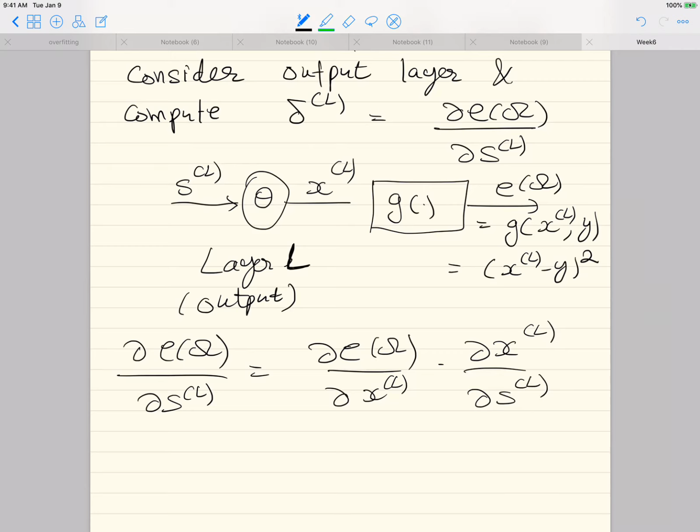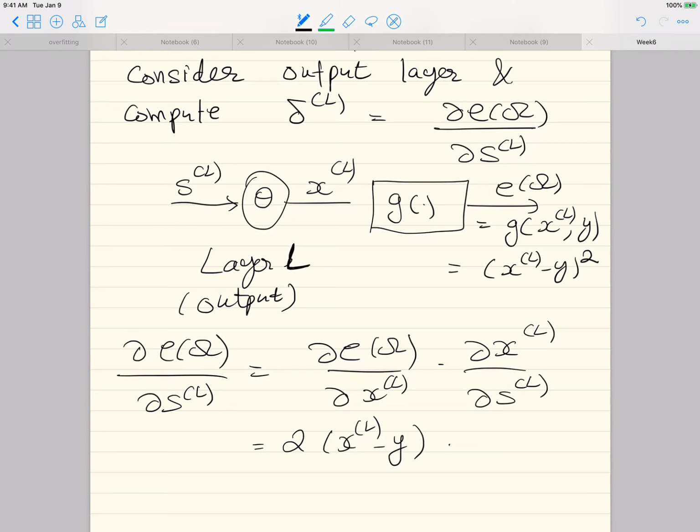Because once I compute XL, the loss is directly a function of XL. It's right in here. Y is a constant. It comes from the data set, not from the neural network. So what is the first term? Well, it's just the derivative of this with respect to XL. What's the second derivative? What's dXL by dSL?